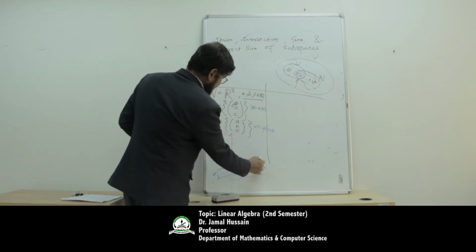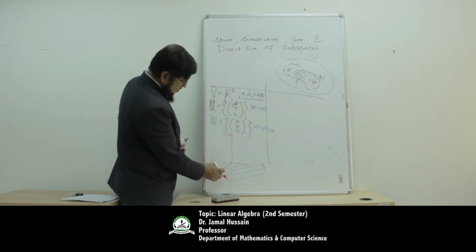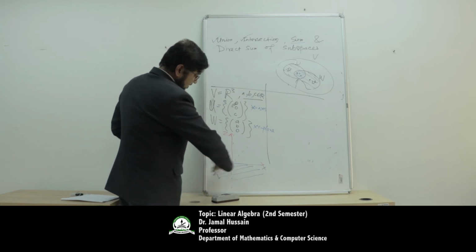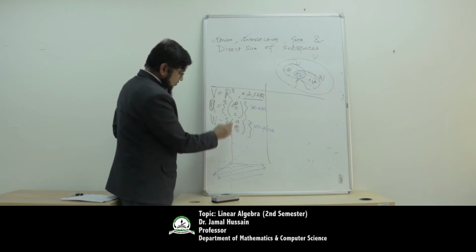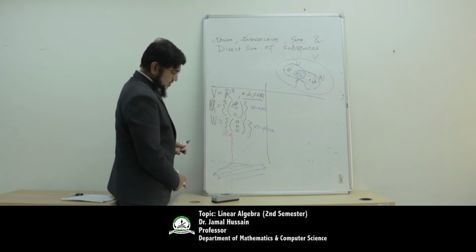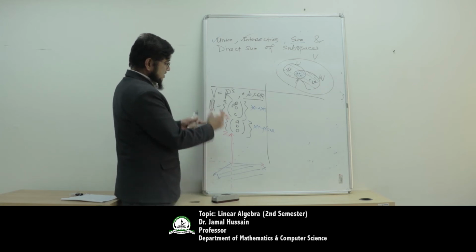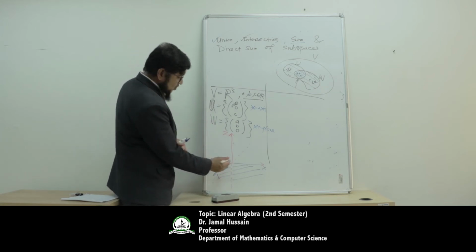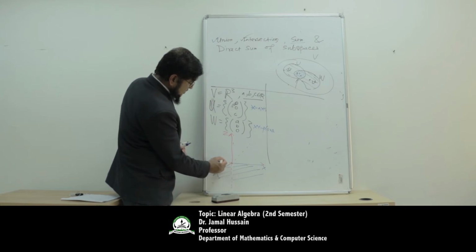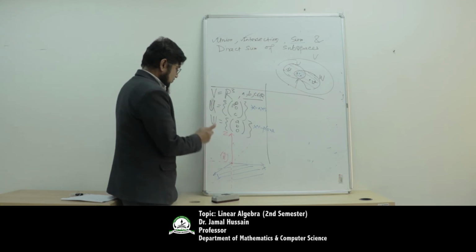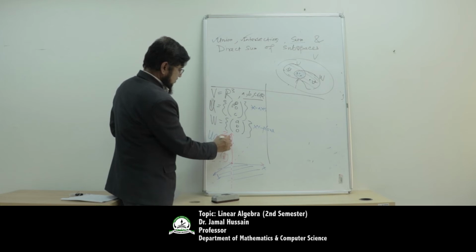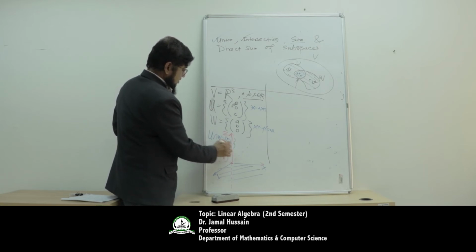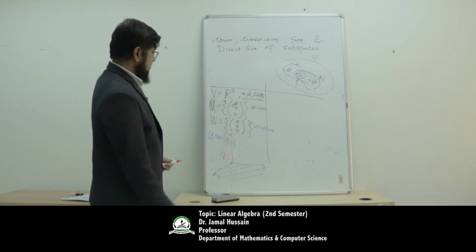The plane is this blue part, and this set U is only this line, this axis. So if you can imagine what is the common between these two, it intersects only at the origin. So this is the only intersection between the two, U intersection W, which is the 0 vector.